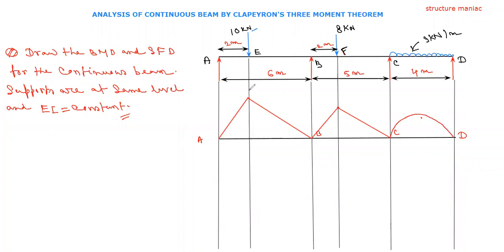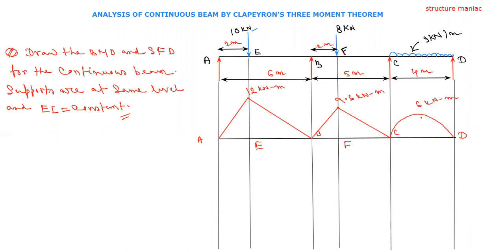Yes, so here the value was 12 kilonewton meter, here the value was 9.6 kilonewton meter, here the value was 6 kilonewton meter. Now we already drew the bending moment diagram due to support moments. And now we have to superimpose the free bending moment diagram and the bending moment diagram due to the support moments, and then we get the resultant bending moment diagram.